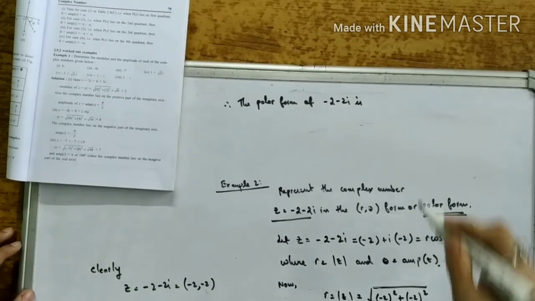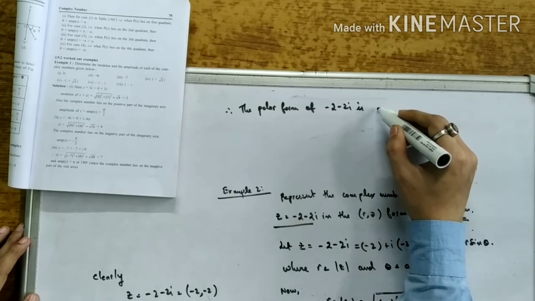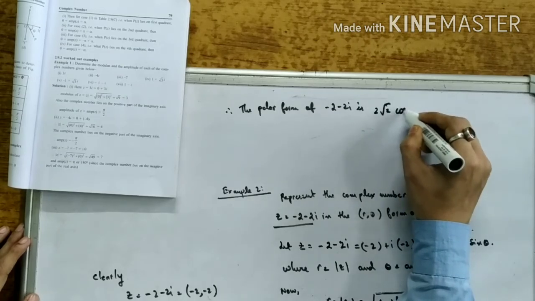So therefore the polar form is 2 root 2 cos theta.